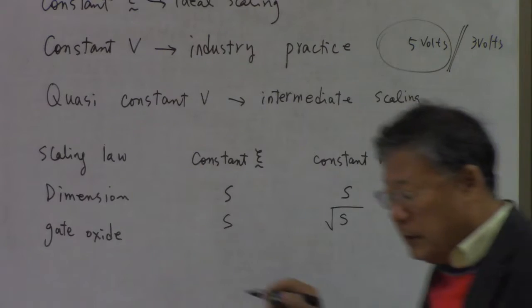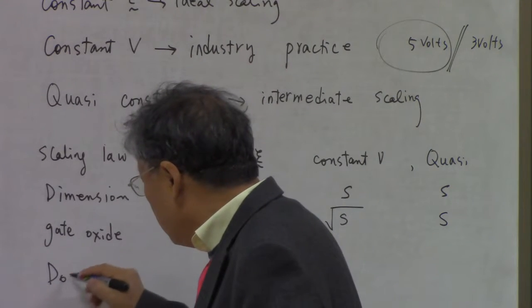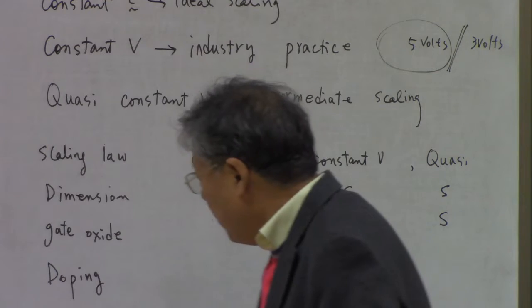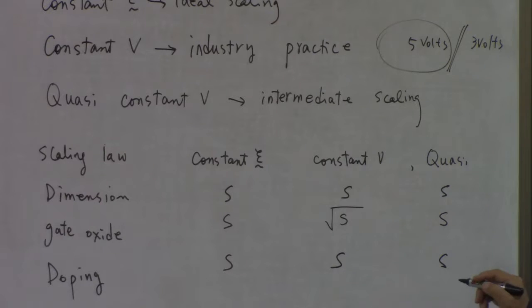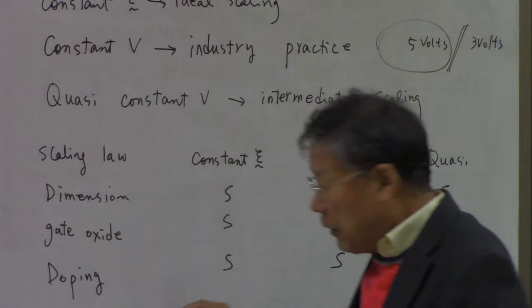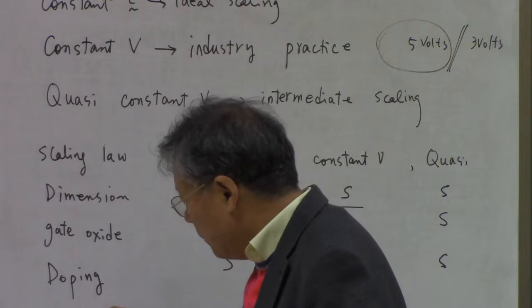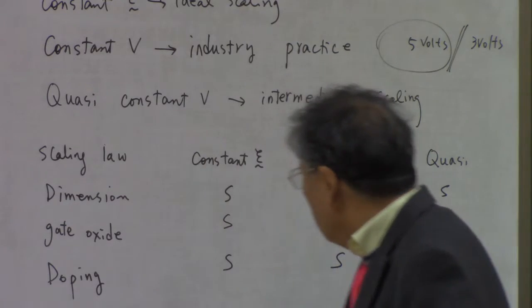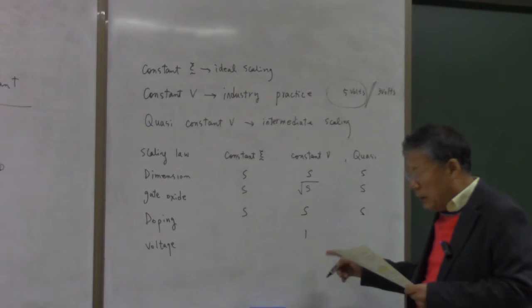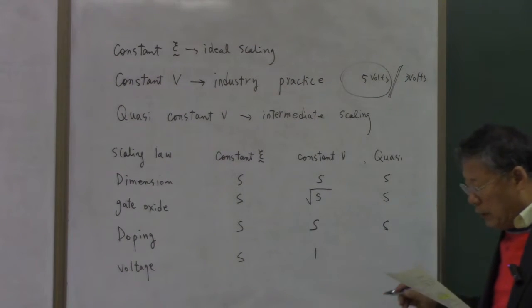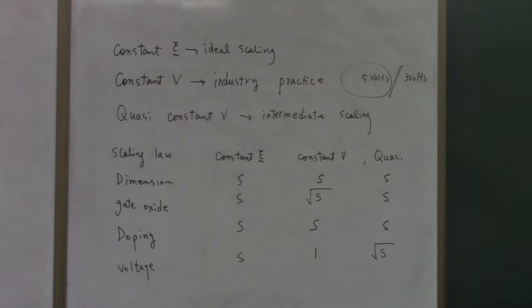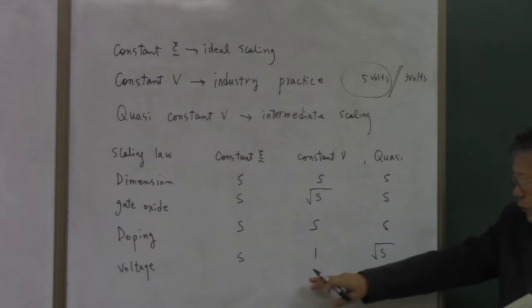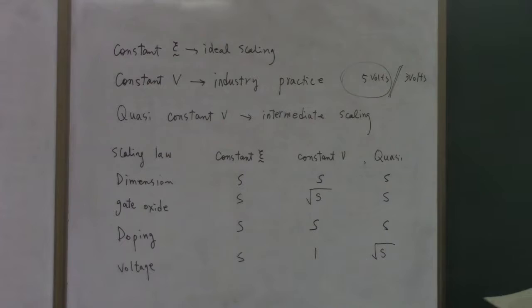And this is going to be S. And the doping level, this doping in source and drain, they are all scaled by factor S. And then voltage: constant voltage is going to be 1, but for constant electric field and quasi constant voltage scaling law, the voltage has to be scaled by square root S, okay?